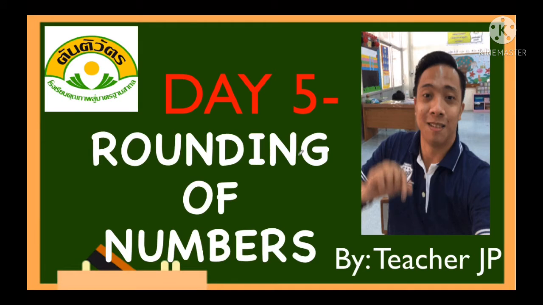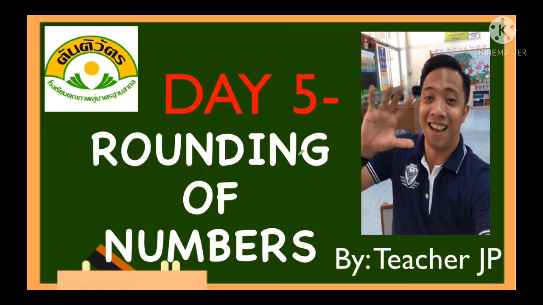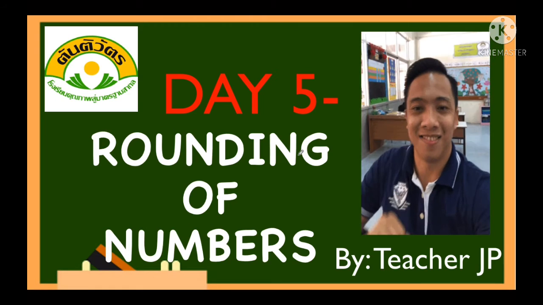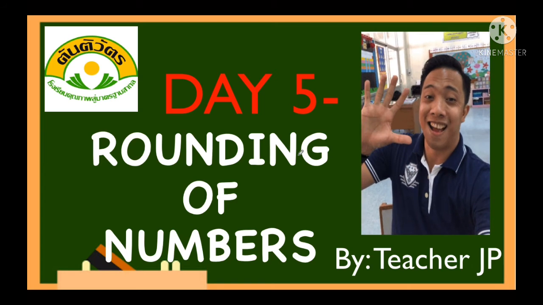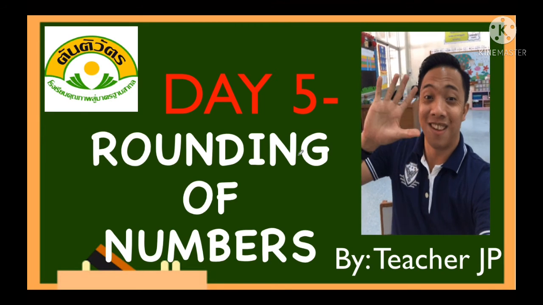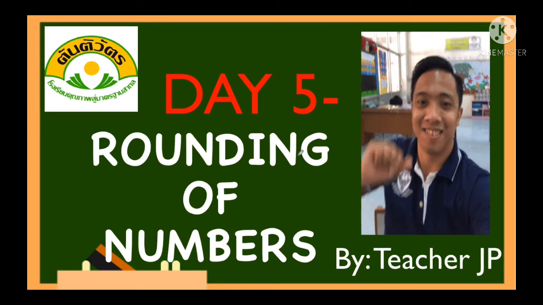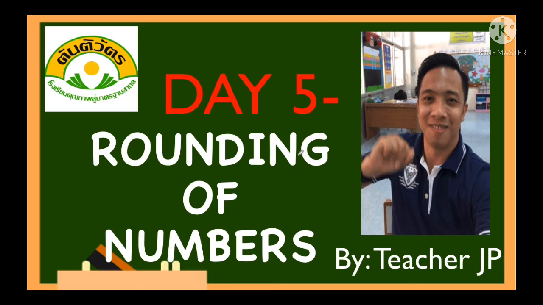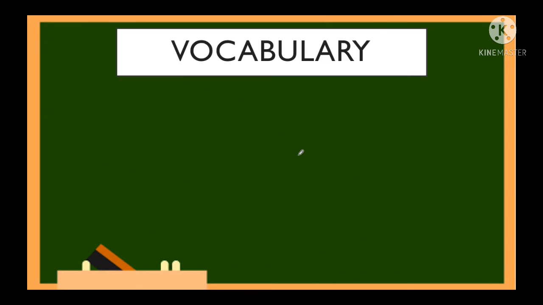Let us now move on to our day 5. Our day 5 is about rounding of numbers. So how to round numbers? Where are we gonna use this rounding of numbers?